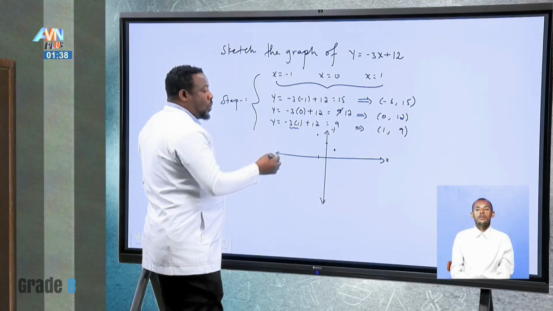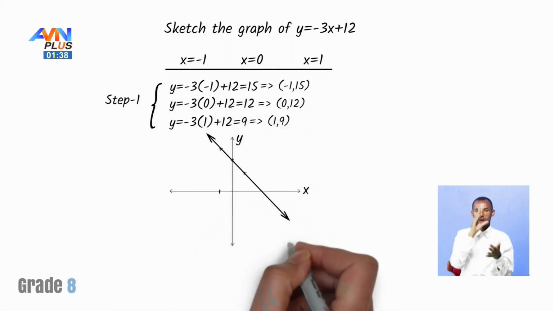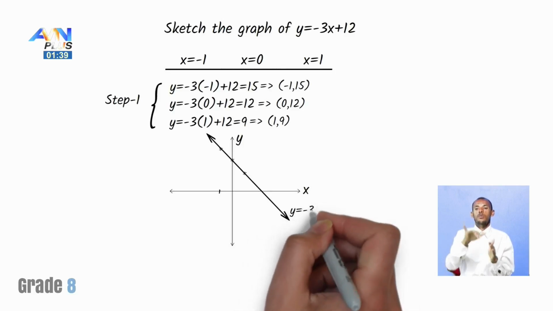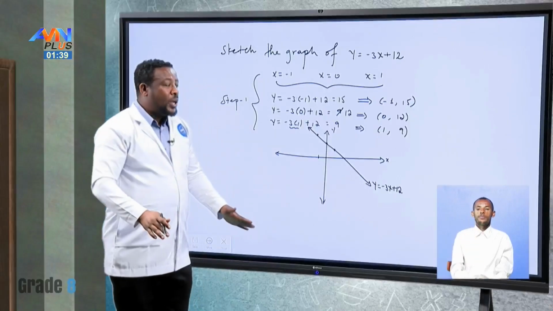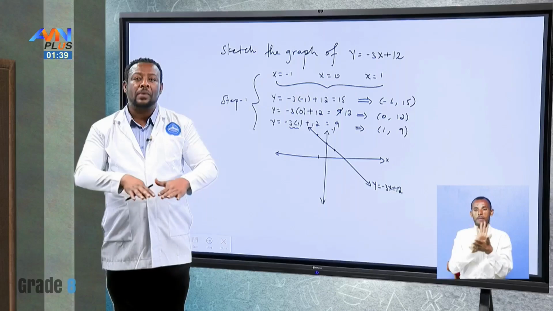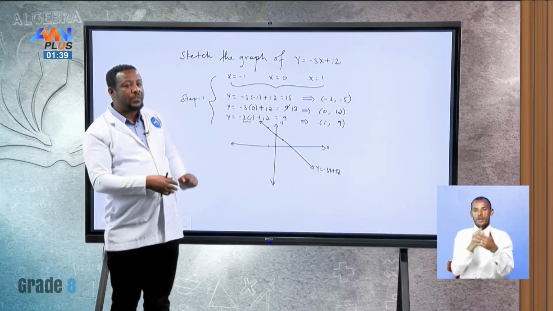Okay, so you connect these 3 points and form a straight line. That straight line represents y equals -3x plus 12. Okay, so if you have squared paper, it's very easy for you to construct this kind of graph, right?